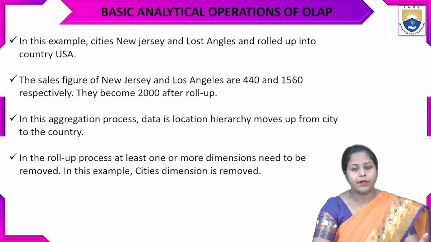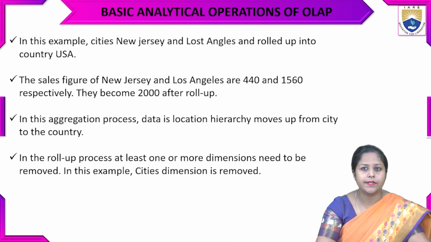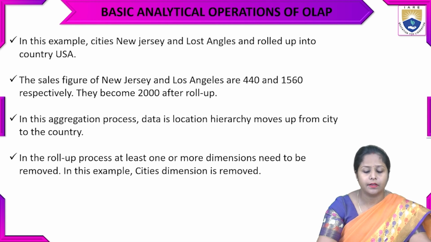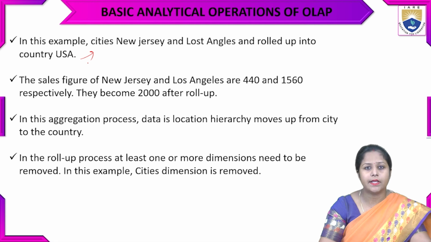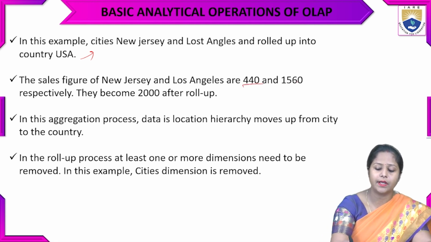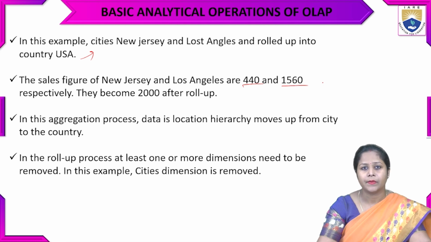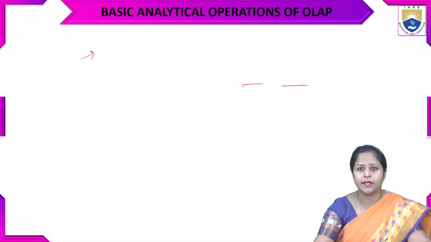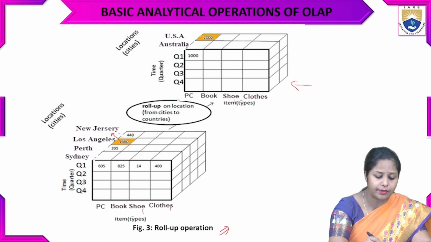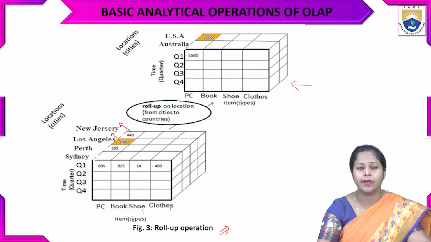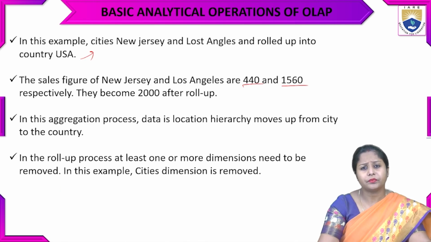In this example, the cities New Jersey and Los Angeles are rolled up into the country USA. The sales figures of New Jersey and Los Angeles are 440 and 1560, so they become 2000 after the roll up.